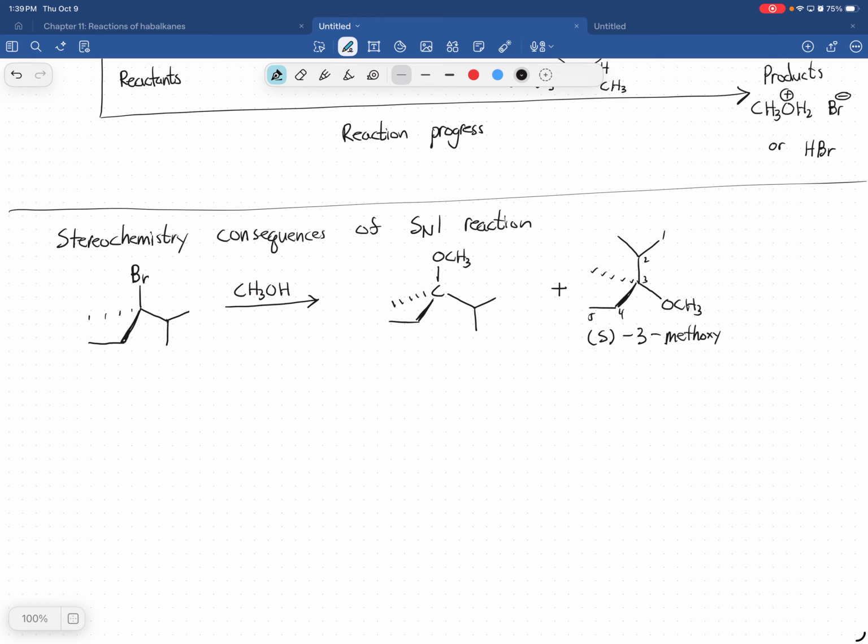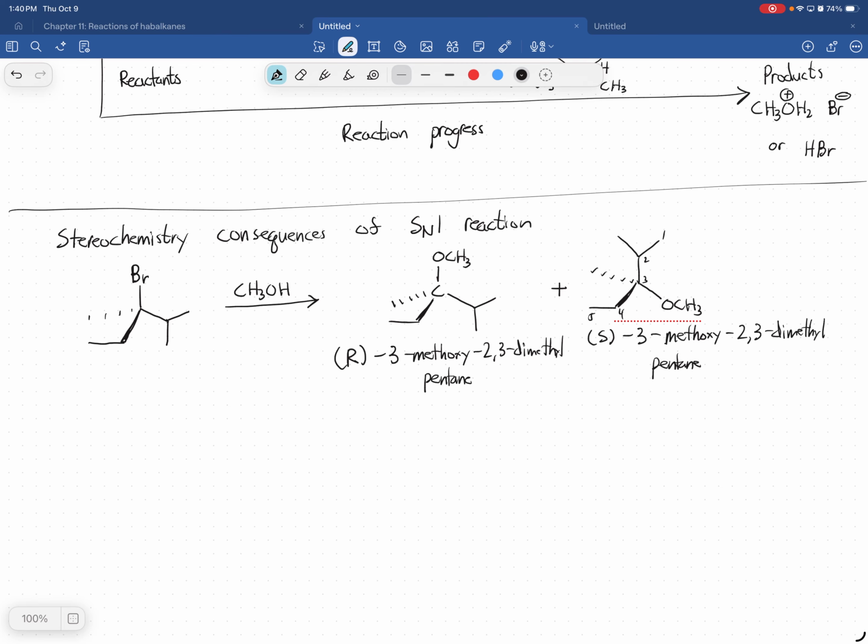We got 3-methoxy-2,3-dimethylpentane. And then this one is the R form, R-3-methoxy-2,3-dimethylpentane. Sorry, it's not on one line.